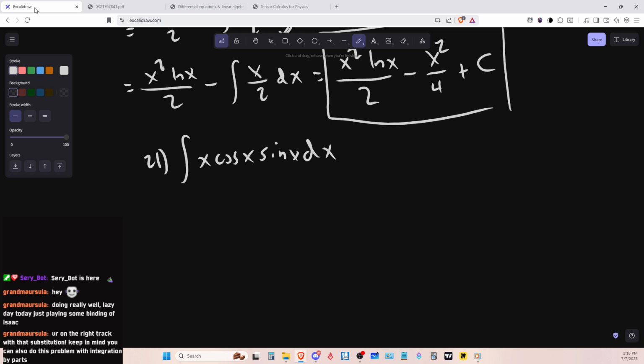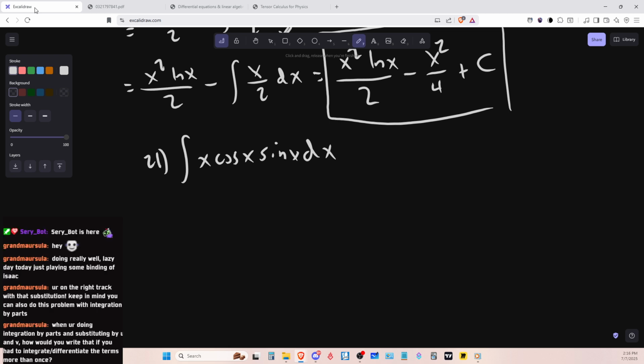I think we just found a challenge. When you're doing integration by parts and substituting by u and v, how do you write that if you have to integrate and differentiate the terms more than once? Yeah, I haven't run into those problems yet. That's actually a really interesting thing to keep in mind.